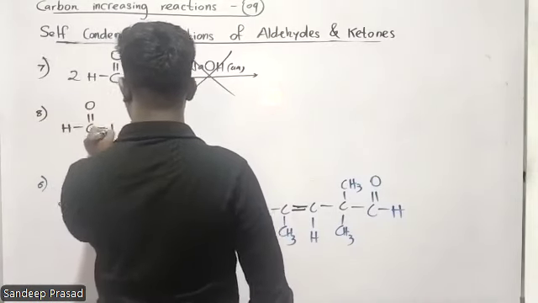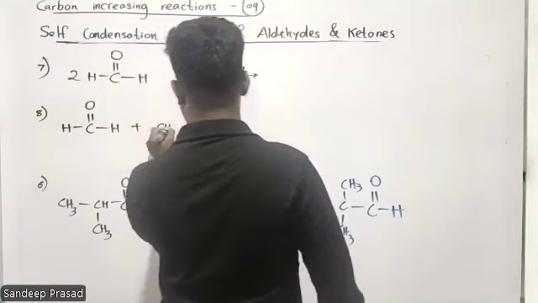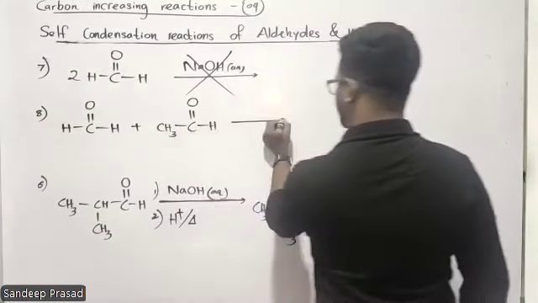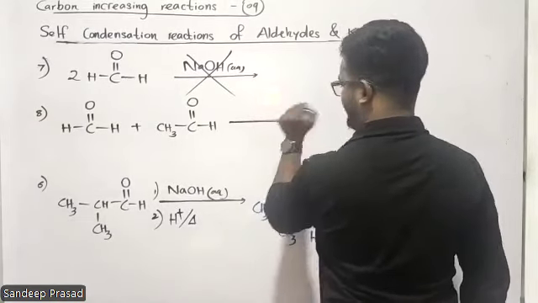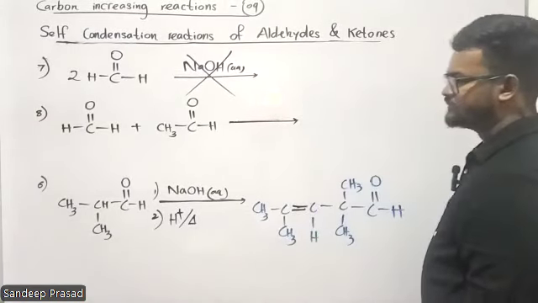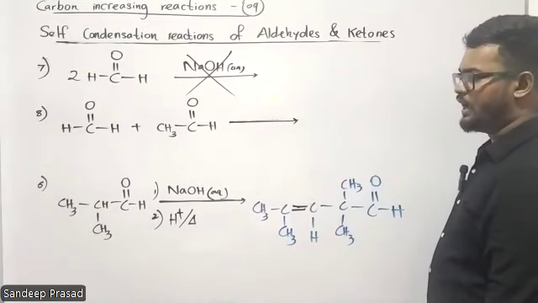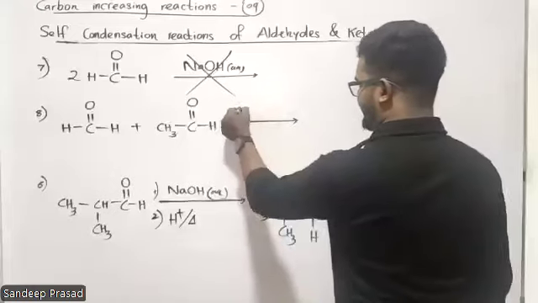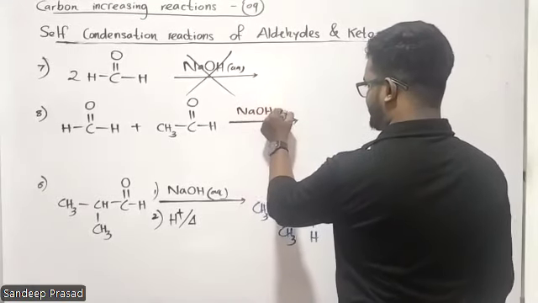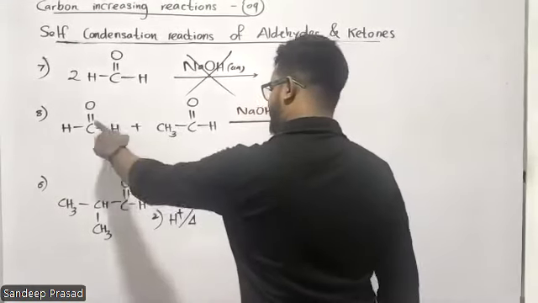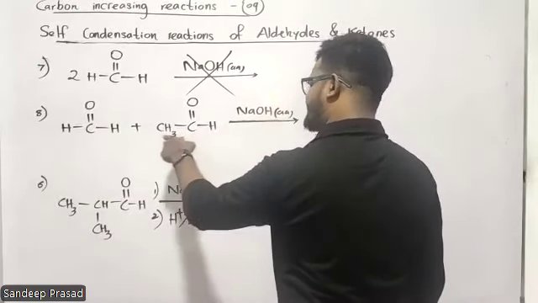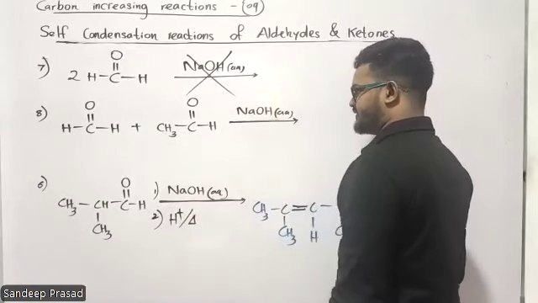Now there is a chance to form an aldol product, to undergo aldol condensation. How? When we have aqueous sodium hydroxide, this molecule doesn't have any alpha carbon or alpha hydrogen, but in ethanal we can see the alpha carbon and alpha hydrogen nicely.